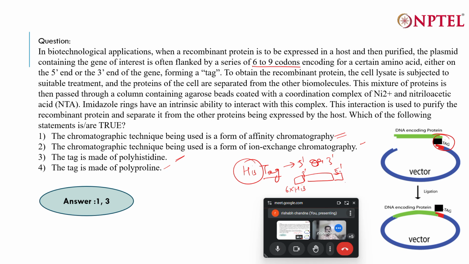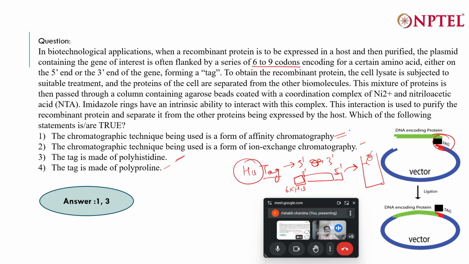Now if this tag is attached to the protein, then it is easier to separate it from a mixture of proteins using affinity chromatography. The agarose beads would have an antibody related to the his tag, and the protein will directly attach to that particular antibody. So this has a high affinity towards the his tag itself.